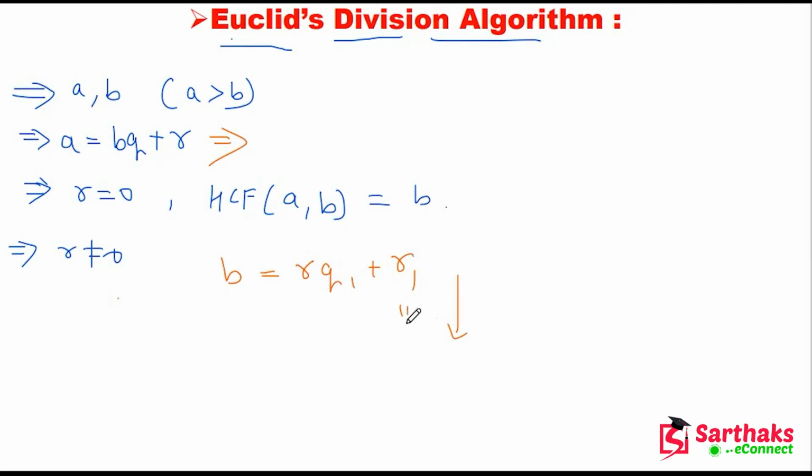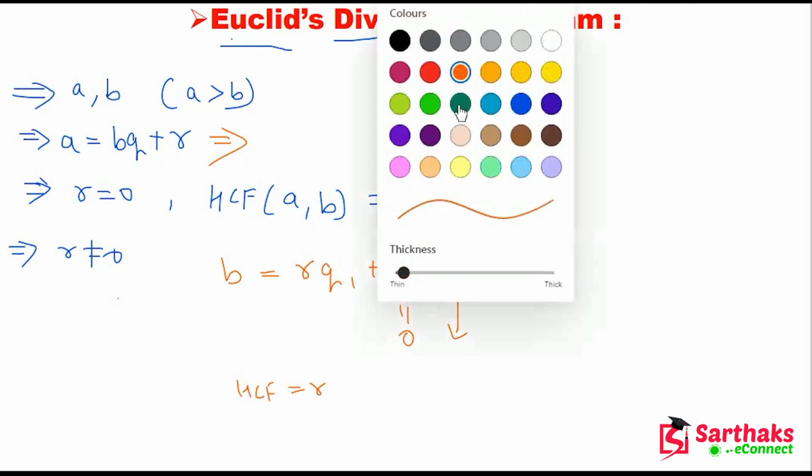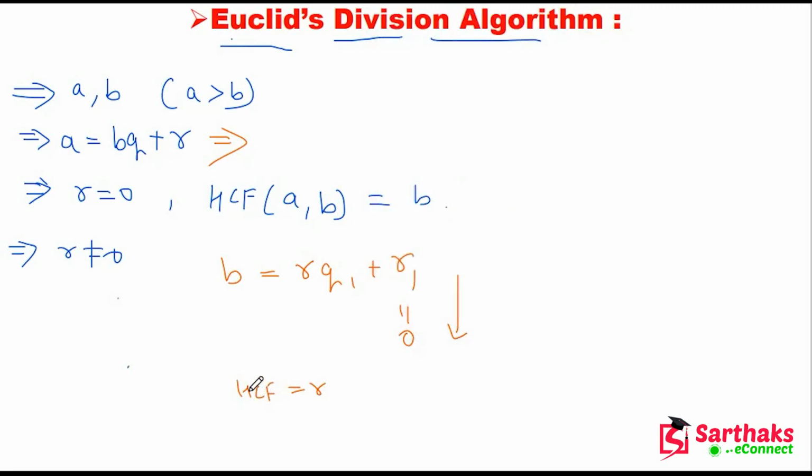If r1 becomes 0, then the HCF is r. I hope you got this point.